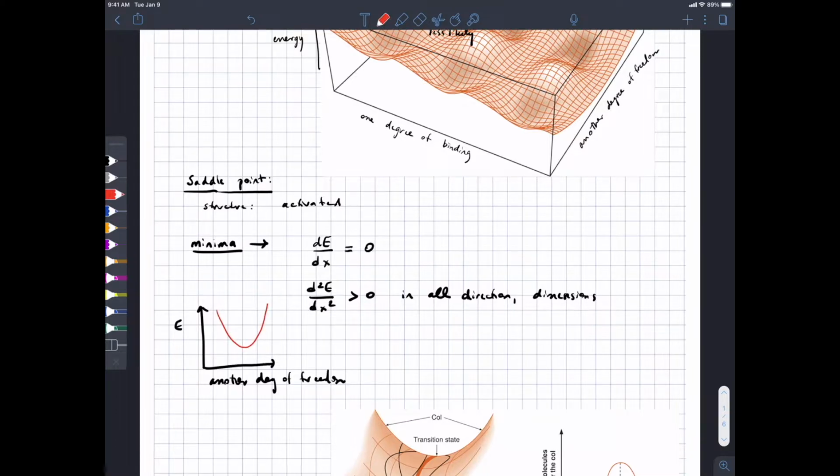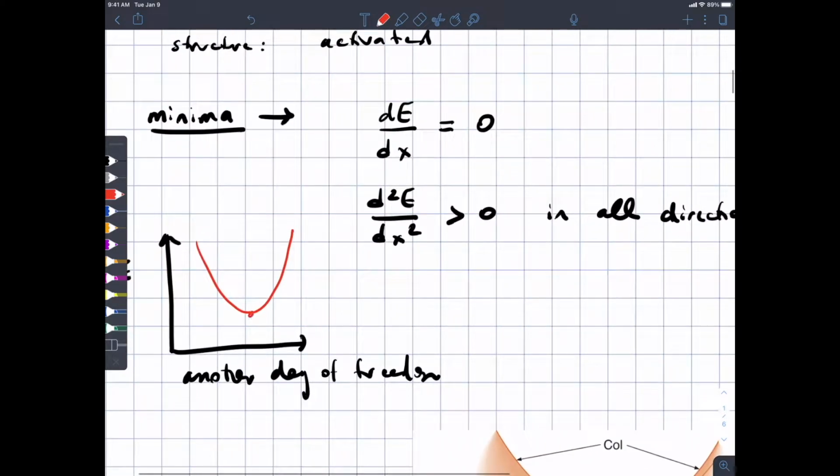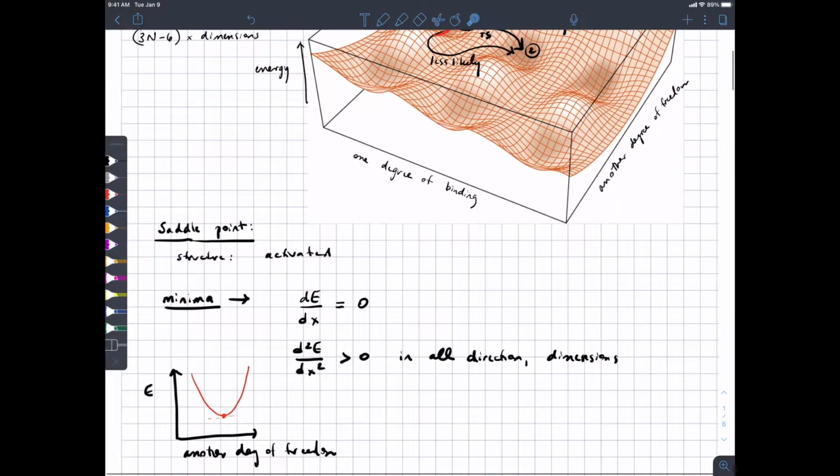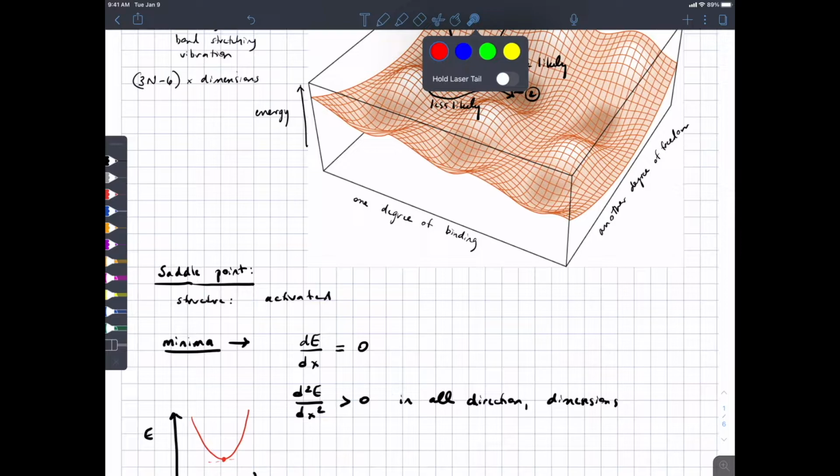We have something that looks like that, and this is our energy minimum. At that minimum, the slope is 0, but the second derivative would have a positive value here, because the further away you get from that minimum, the more the slope is increasing. Get that?